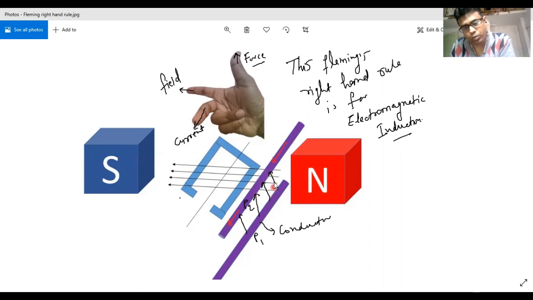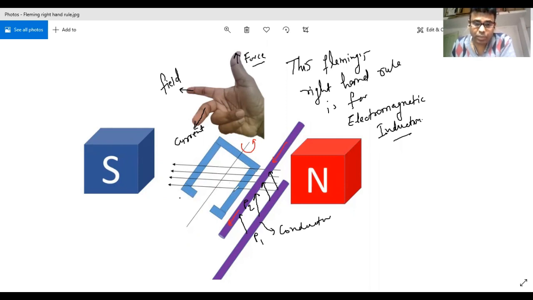Now you can try to apply the same phenomenon to the armature of a generator. So this is the armature of a generator. Now if you rotate this armature in the counterclockwise direction, what will happen?